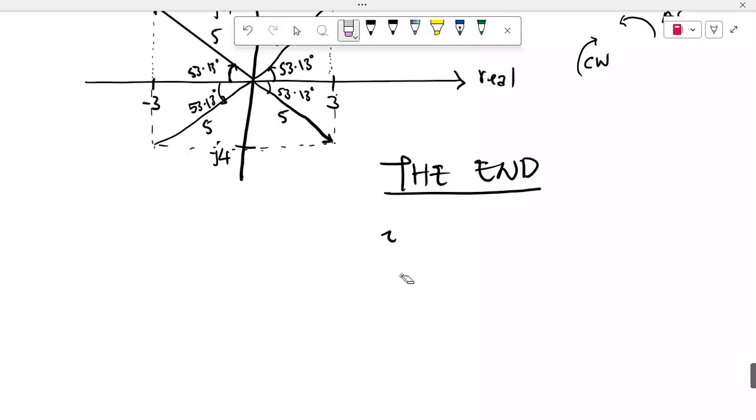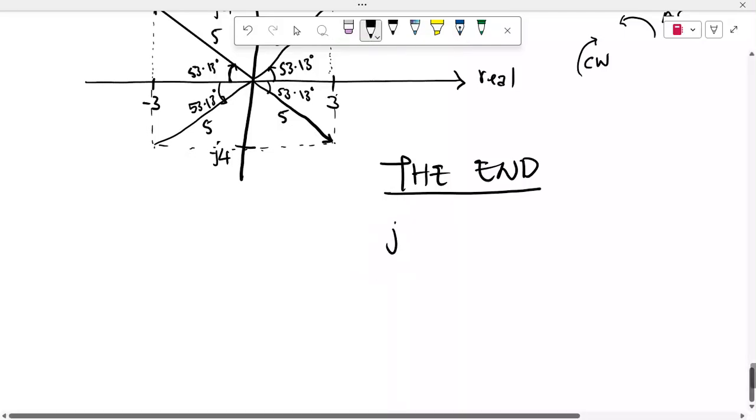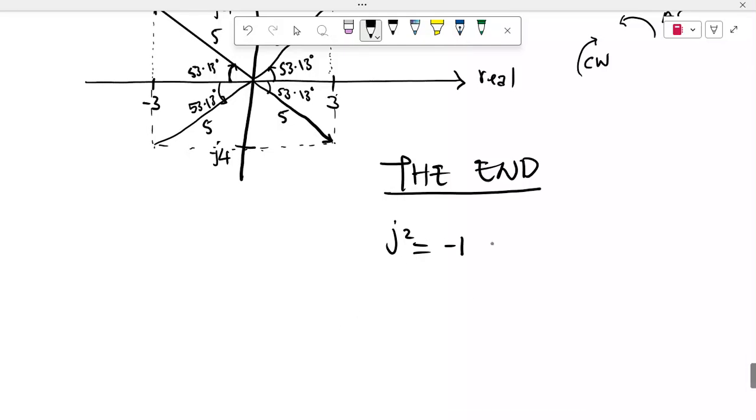A quick tip for today. I'm writing i again, sorry. So j squared equals negative 1. Also we've talked about SOHCAHTOA. Sine equals opposite over hypotenuse, cosine equals adjacent over hypotenuse, tan equals opposite over adjacent.